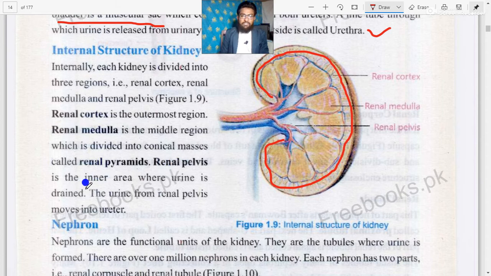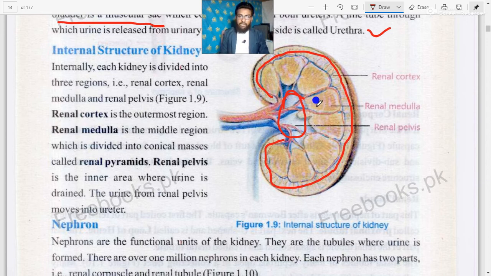Next, renal pelvis is the inner area where urine is drained. The urine from the renal pelvis moves into the ureter. Dear cadets, here we can see this is the inner region, beyond the conical masses of the renal medulla. Nephrons, which are the functional units of the kidney, are present here, and they form urine.